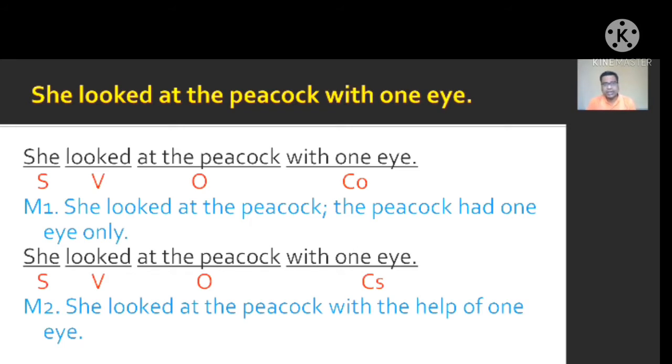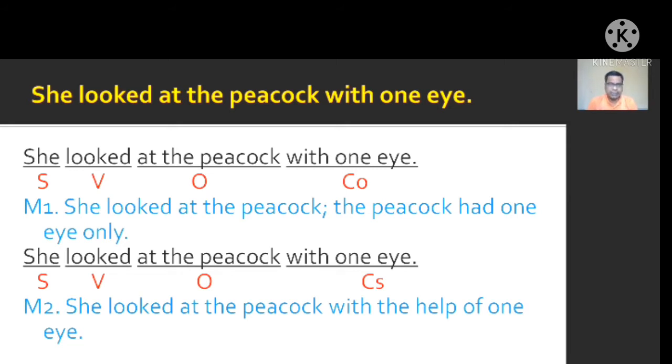She looked at the peacock with one eye. See, the statement itself is giving you a kind of ambiguity, and you get a doubt in mind whether the person who is looking at the peacock has one eye or the peacock itself has one eye. Let us look at this sentence now from the structural point of view.